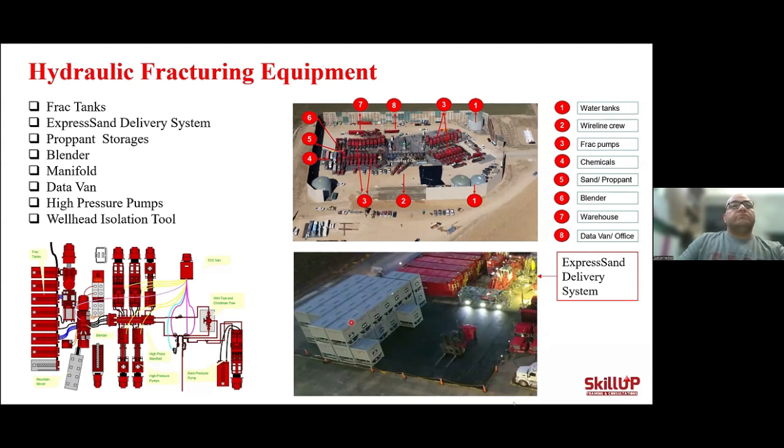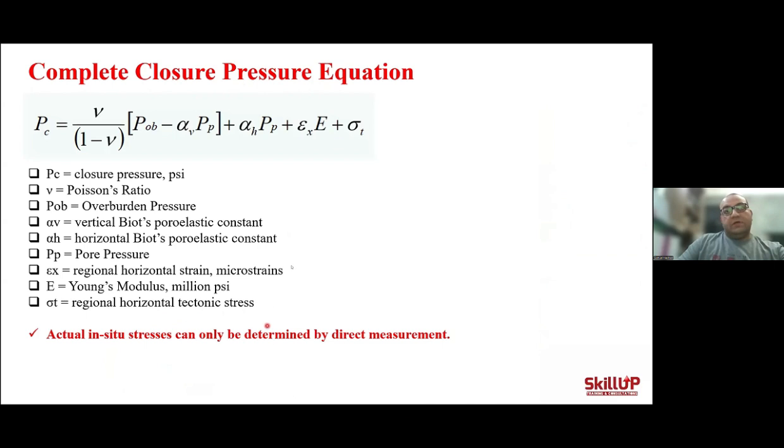So let us talk about the closure equation. This is the closure pressure or the minimum horizontal stress. As you can see, it seems like a little bit complicated equation, but you really need to understand something. This actual in-situ stress, or the minimum horizontal stress, can only be determined by direct measurement. Why is that?